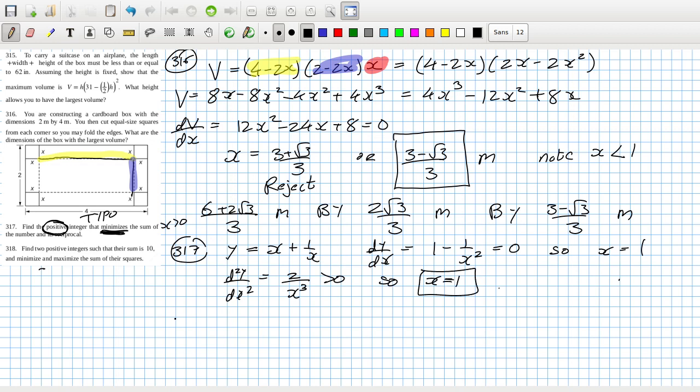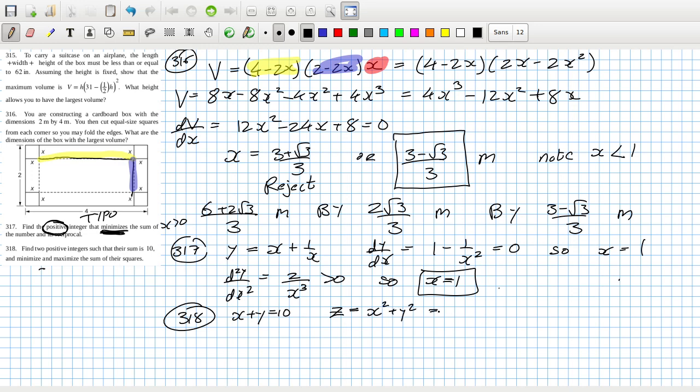Yeah, apologies. 318. Find two positive integers so that their sum is 10 and minimize and maximize the sum of their squares. Okay. So we know that x plus y equals 10 and z, the sum of their squares, is x squared plus y squared.